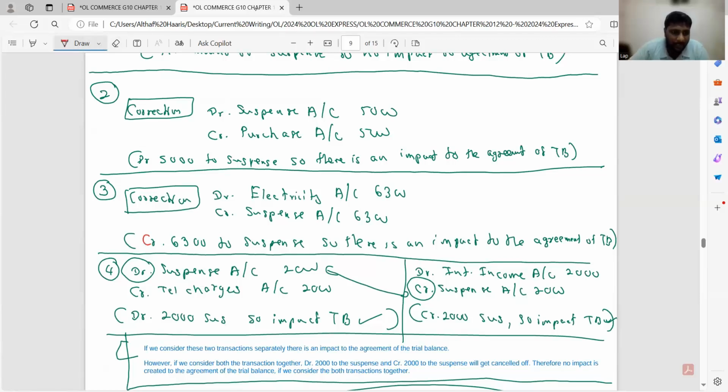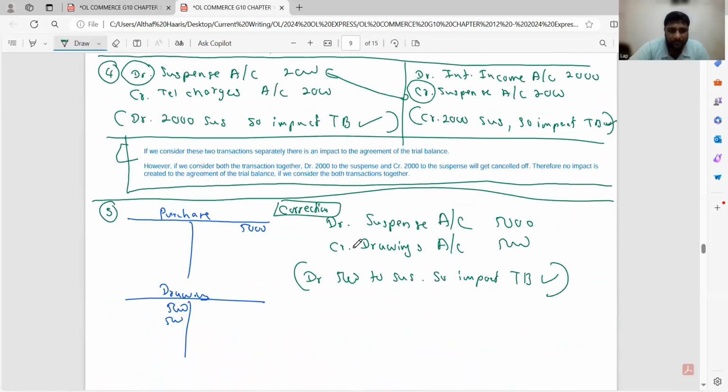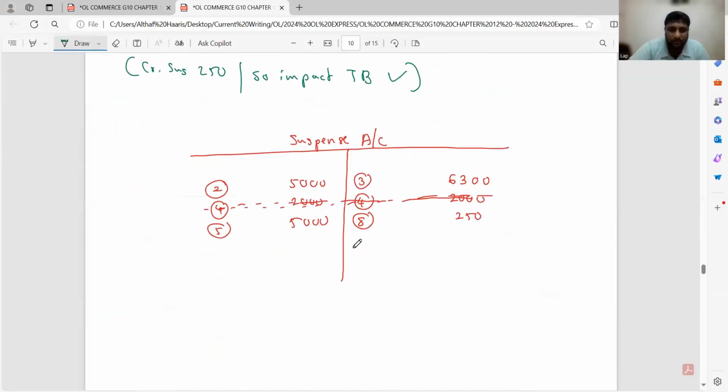Credit 6,300 to the suspense. For the electricity account, debit. For the suspense account, credit. Okay? There is a small error there.